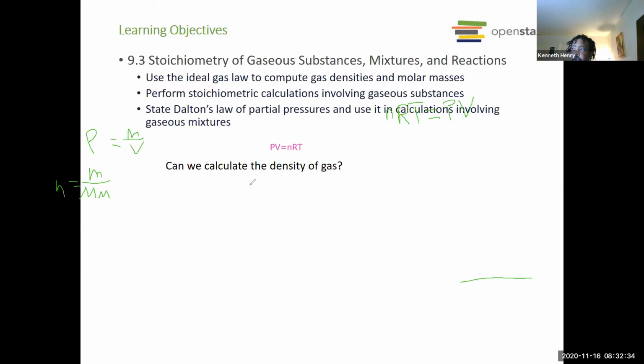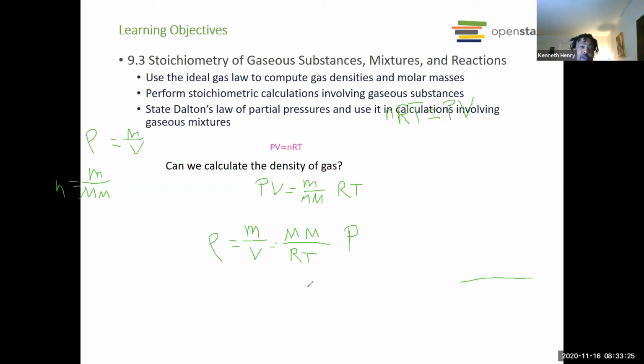So if I plug this back into my equation, I get PV equals m over capital M times RT, and I solve for m over V, which is rho. Okay, piece of cake.